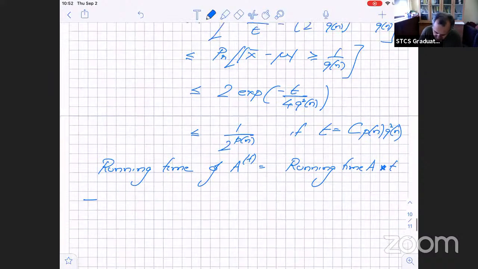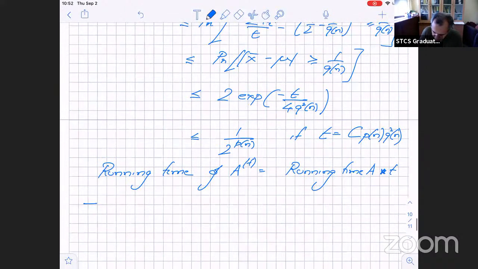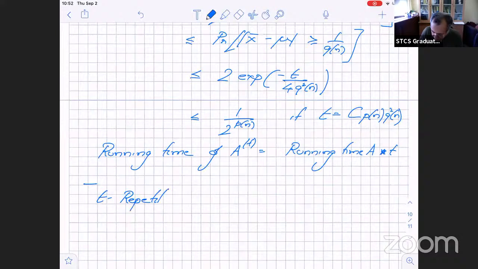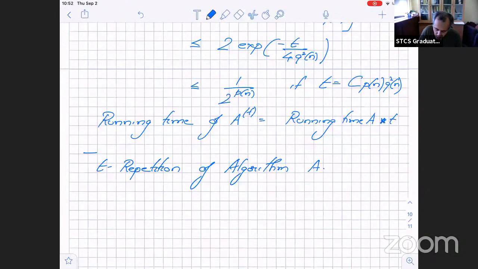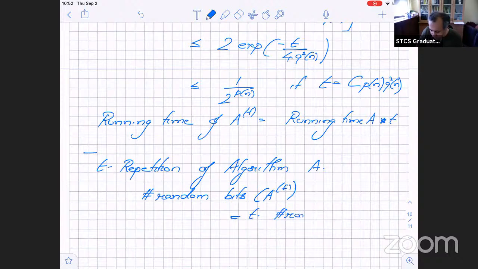What happened here was a T repetition of algorithm A. What's the number of random coins or random bits used by algorithm A_T? It's exactly T times the number of random bits used by A, because we run T independent times.